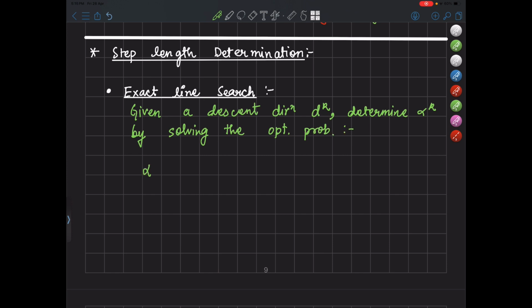Where the optimization problem is given by alpha k equal to arg min, such that alpha is greater than 0, of the function psi(alpha), which is defined as f(xk plus alpha dk).